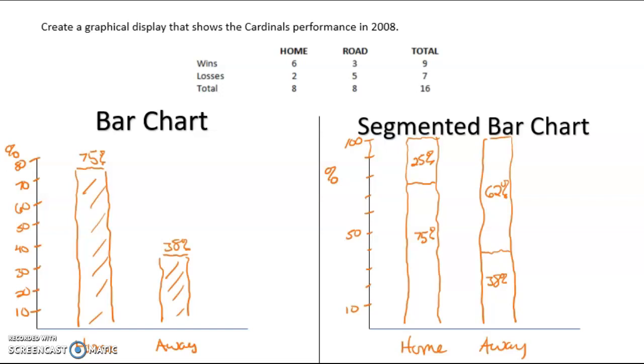To make it easier, I'm going to put L for loss, and the big W for the win. I'm going to shade the bottom part to get a little more separation of the winning percentage and losing percentage. Okay, not too shabby. Segmented bar chart.